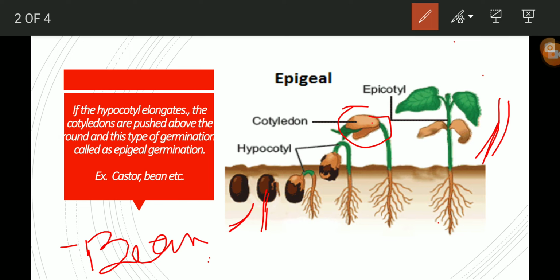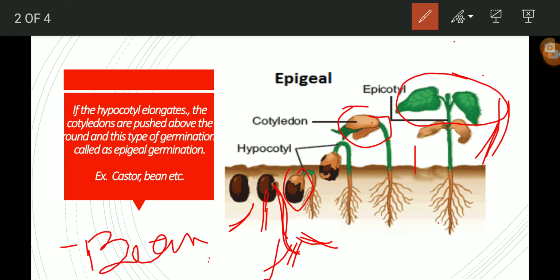So this seed will absorb water and swell up, and then the seed coat will come off, and the radicle will grow downwards and form the root system. And this hypocotyl will be pushed up above the soil, and the cotyledons will become green and function as the first leaf, as you can see here.